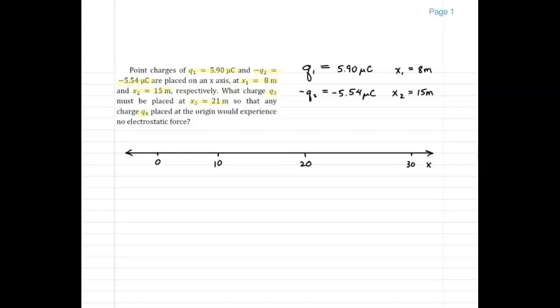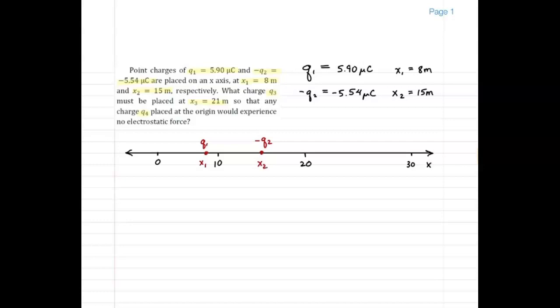And we have Q1 at 8 meters. So somewhere here is Q1, and it's located at x1 from the origin, 8 meters. Minus Q2 is located at 15 meters, so it's right here at the center, minus Q2, located at x2.